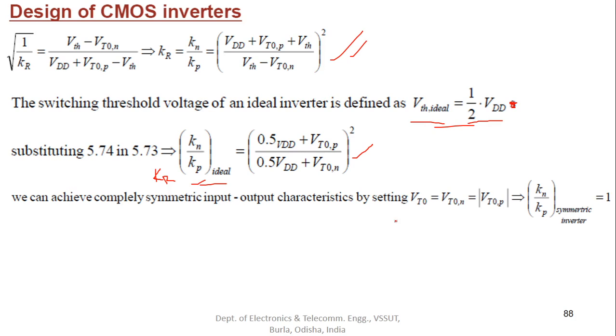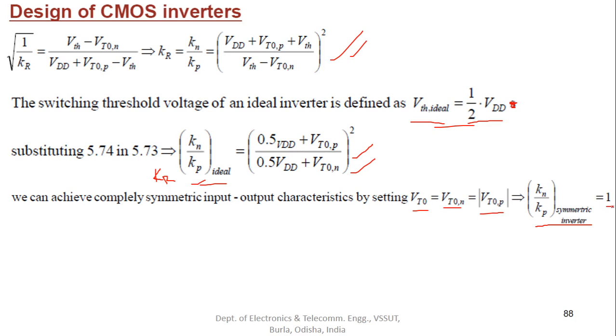And if we take the value of VT naught N to be equal in magnitude to that of VT naught P, just in the previous case we had seen that VT naught N was 1 voltage and VT naught P was minus 1 voltage, so their magnitude was equal. And if the magnitude is taken as a common VT naught parameter, and putting this condition in this equation, you will get that Kn by Kp for a symmetric inverter becomes equal to 1.